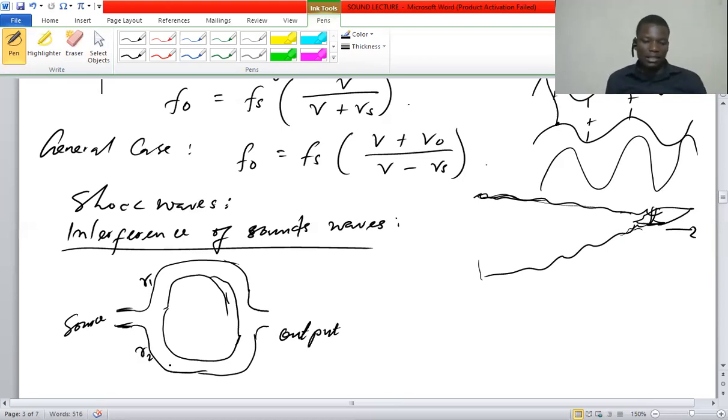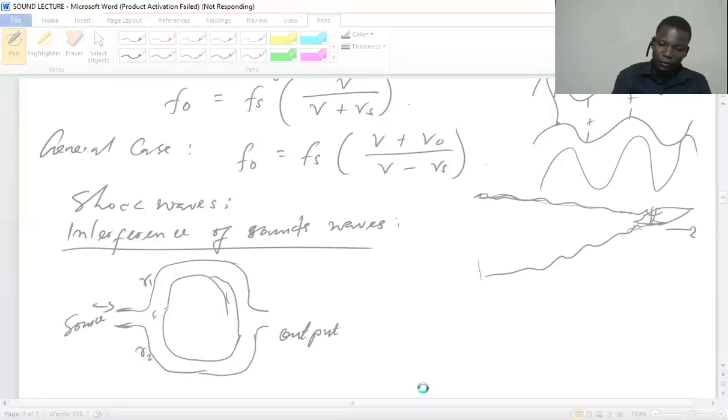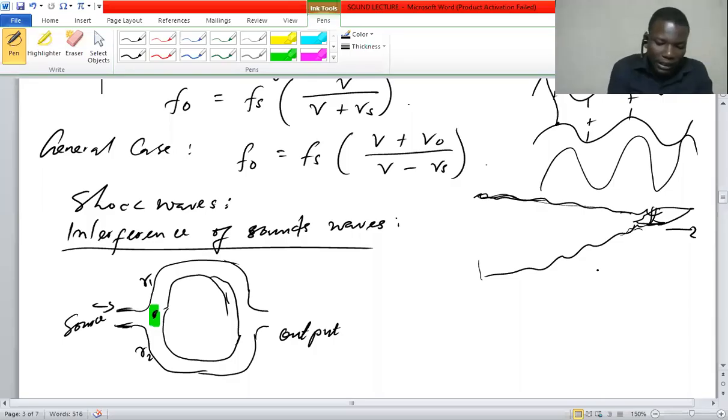If you have maybe a speaker here, the source of sound, and sound enters here, when it reaches this part, you're going to see that this sound is going to divide. The one sound will go this way and the other sound will go this way.